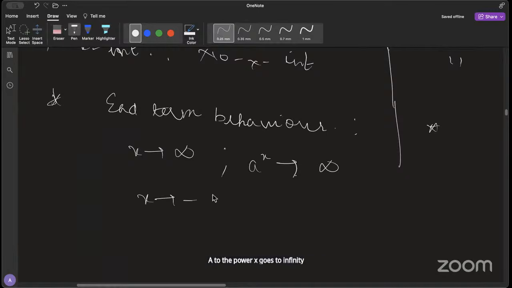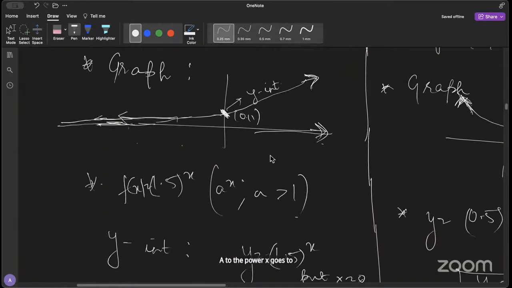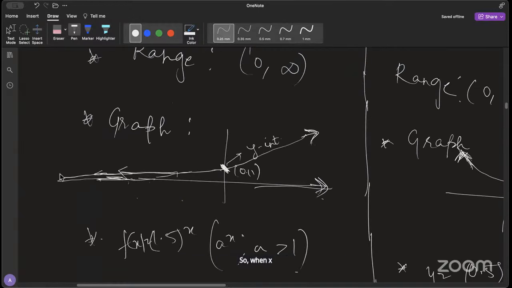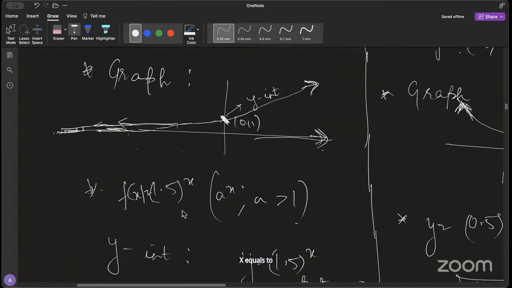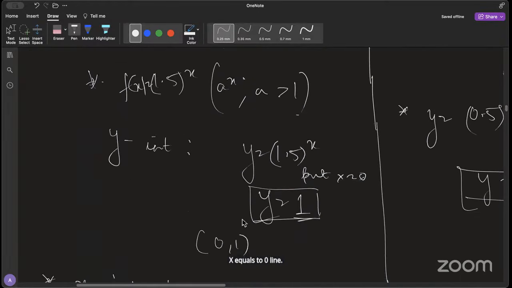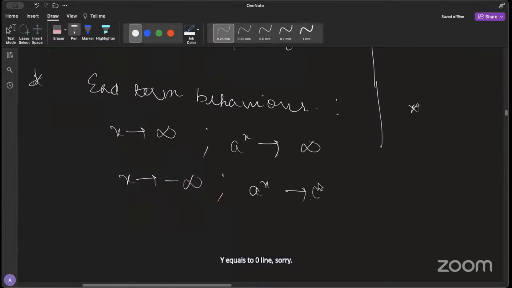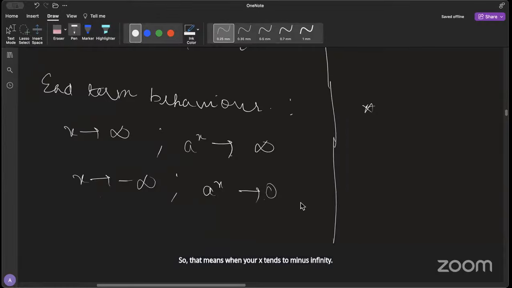When x is going to minus infinity, the function is moving closer to 0, because the height is decreasing each time. Your function is moving closer to the y equals 0 line. So when x tends to minus infinity, a to the power x tends to 0.